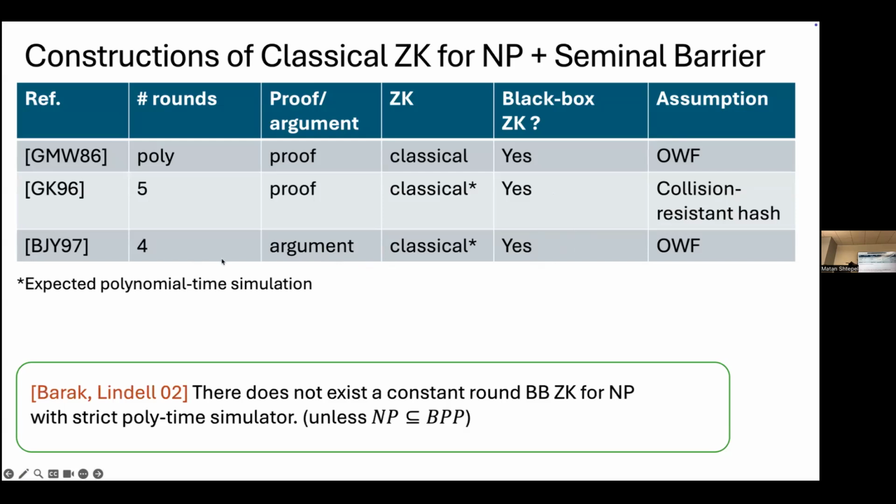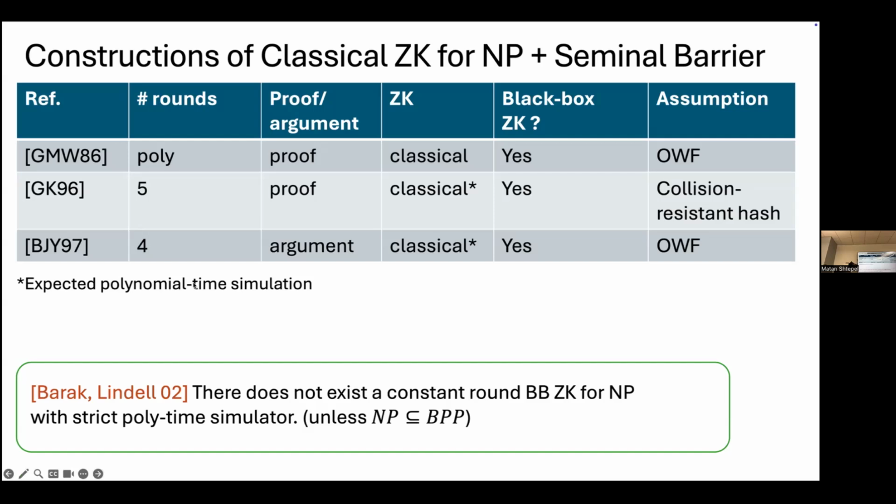In fact, there's a seminal result by Barak and Lindell that shows that you simply cannot achieve all three good properties I mentioned at once, unless you are just proving a trivial language. That says there does not exist constant round black box zero knowledge protocols for NP languages with strict polynomial time simulator. As we will see in the proof, all of these properties will show up in this result.